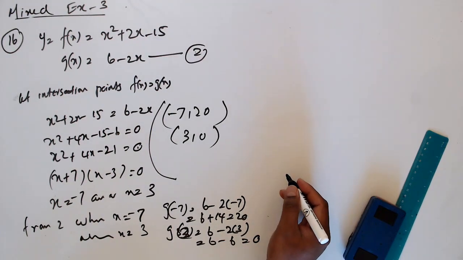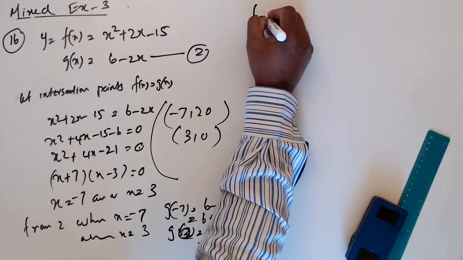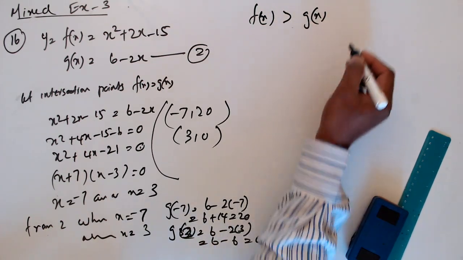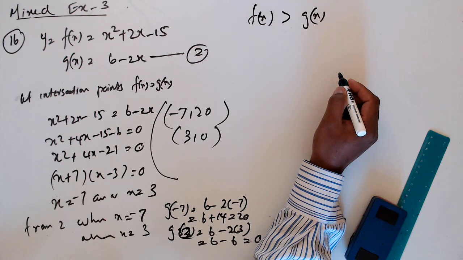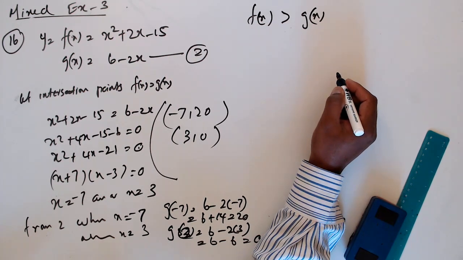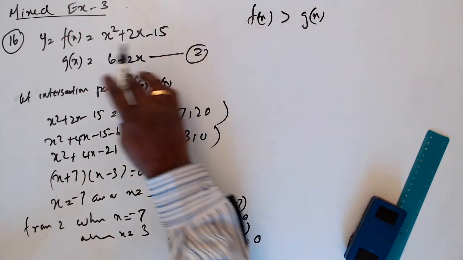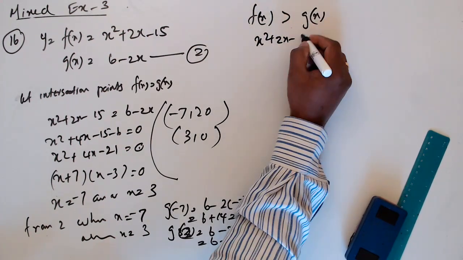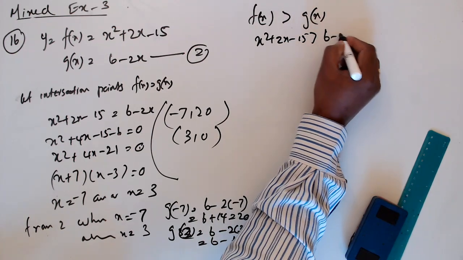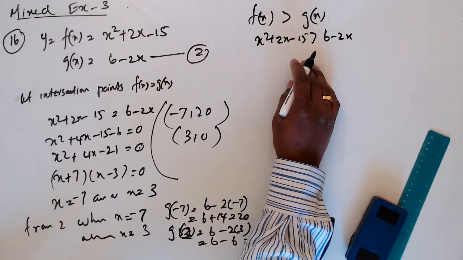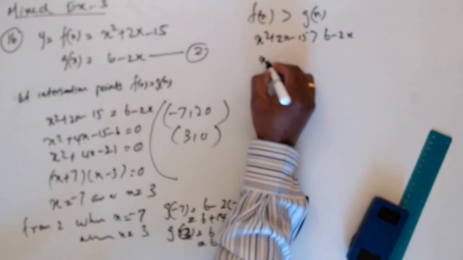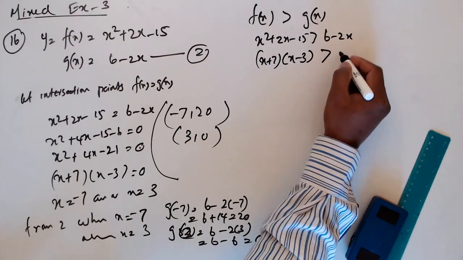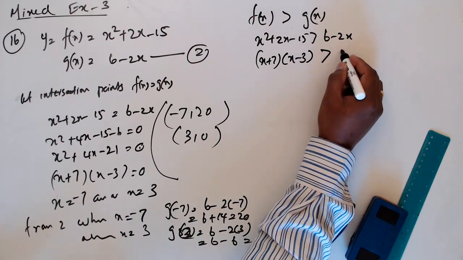Now the other part is we want to find f(x) greater than g(x). f(x) is x square plus 2x minus 15 greater than 6 minus 2x. Then we will come to this one, x plus 7, x minus 3 greater than 0.